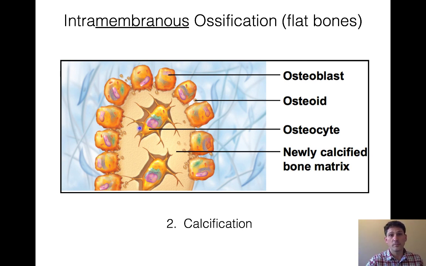So those osteoblasts now become osteocytes, and their main job is to maintain and regulate that bone matrix around them. There are the residual osteoblasts around the outside of that bone, and more of those progenitor cells are developing into these osteoblasts. And you can see that they're continuing to release these lysosomes with osteoid in them.